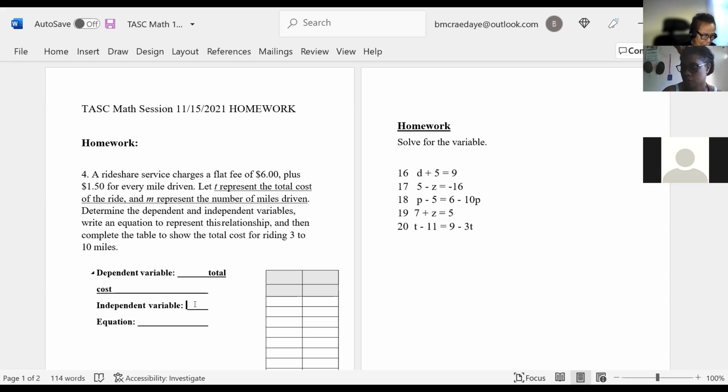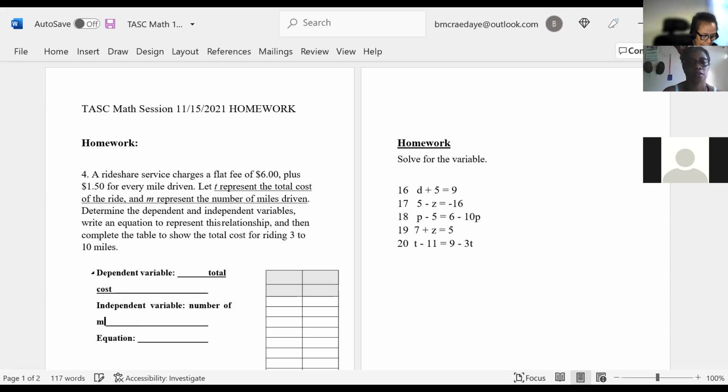Your independent variable, like 3 to 10 miles, is the number of miles. That's your independent variable. And you use that to write your equation. Total cost is dependent upon the number of miles. So your equation would be what, Vanessa?